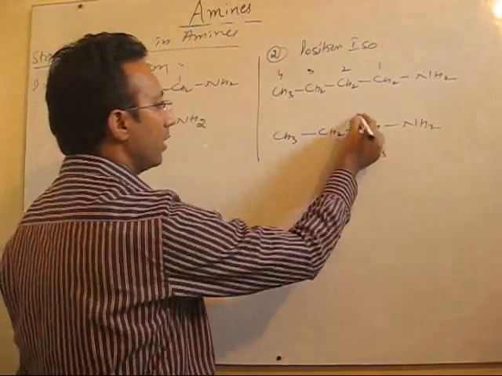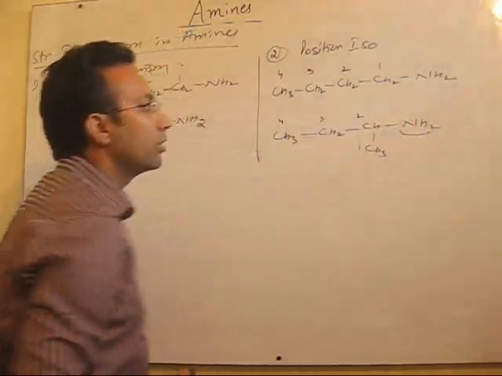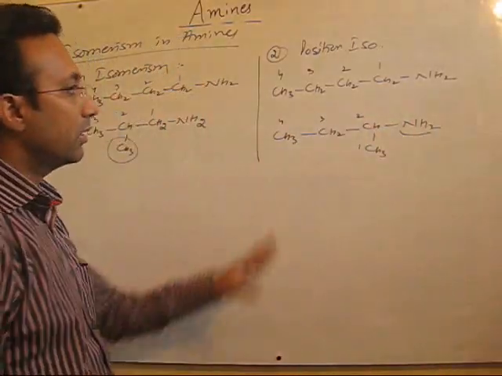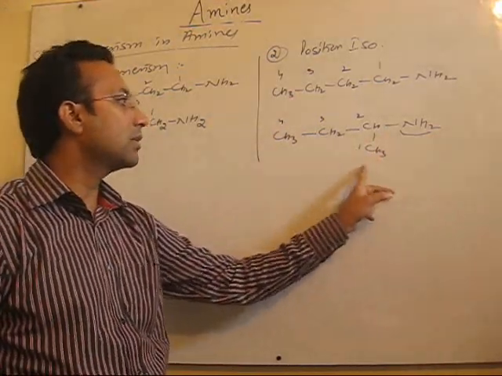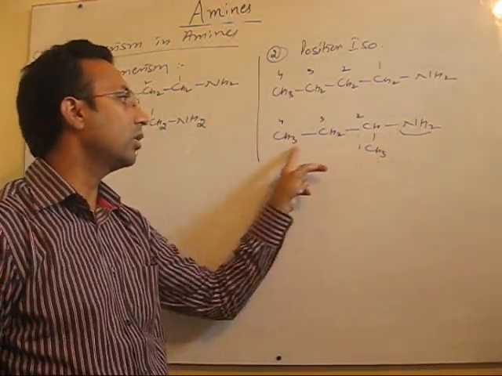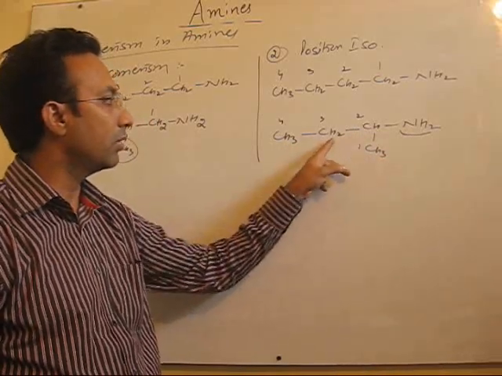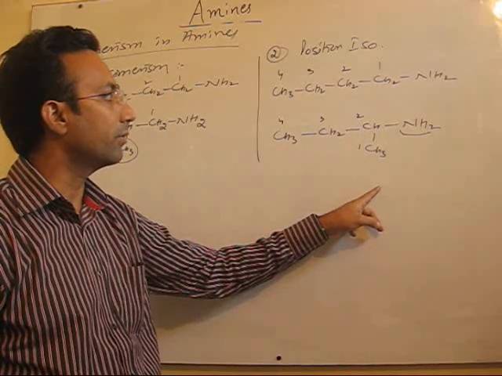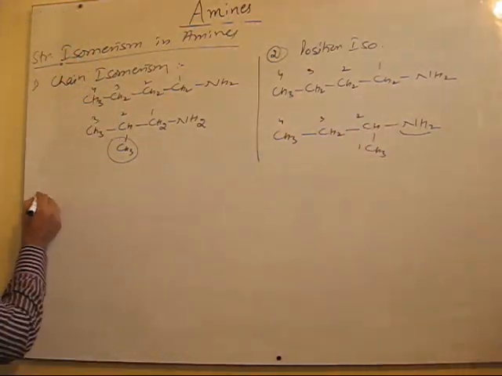Numbering starts from 1, 2, 3, 4. NH2 group is present at position 2. Fine. So remember, it's not a chain isomer, though it appears to the student that some branch is there and chain is only of 3 carbon, but no. I have already told you, you have to start the chain from here. 1, 2, 3. All carbon are in continuity. Fine. So position of NH2 is changed, so it is position isomerism.